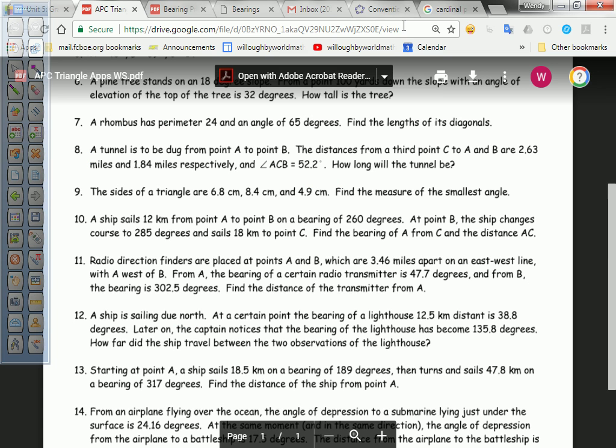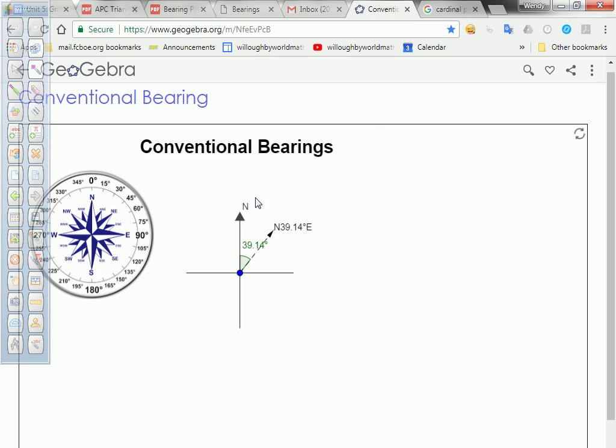I want to show you, I did find the conventional bearing, we see 39.14, but you can also do this with respect to north. We can say it's 39.4 degrees east of north. Now look, when we come down here, we can say that this one is a bearing of 154.54, or we could also write this as 25.46 degrees east of south.